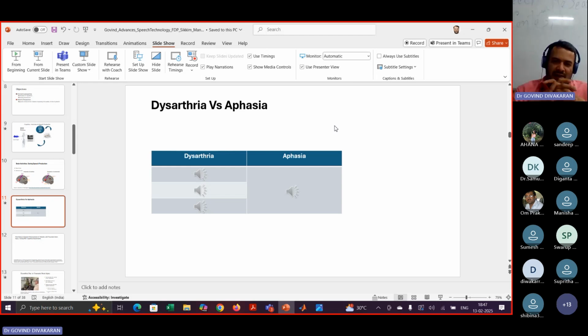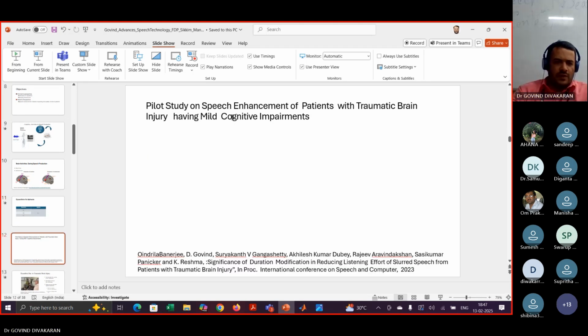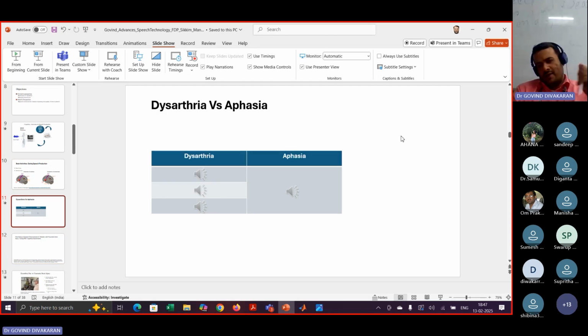Only thing is that comprehension is not affected here for the patient, but it is a typical sort of Broca's aphasia where the patient is losing the control over driving certain muscles.